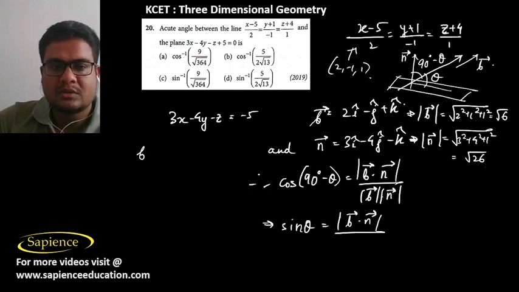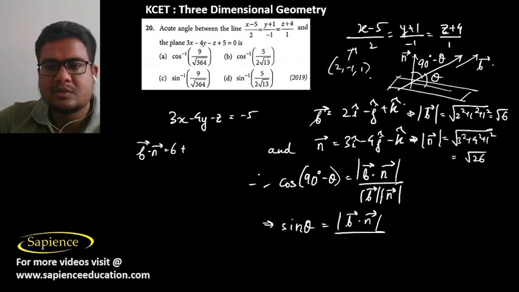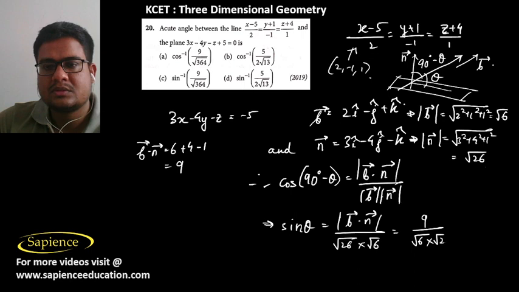And b dot n vector is 2 times 3 is 6, plus 4, minus 1, so that is 6 plus 3, that is 9. So this is equal to 9 by root over 6 into root over 26.